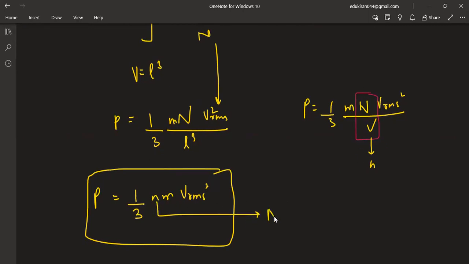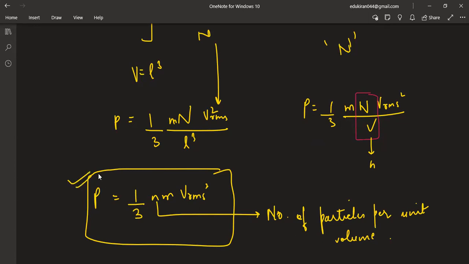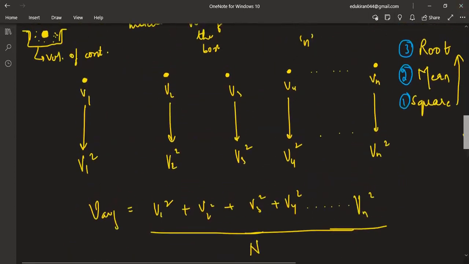This small n is the number of particles per unit volume. So be careful whether the number of particles per unit volume is mentioned or only the number of particles. If only the number of particles is mentioned, then capital N will be used, with this equation. If the number of particles per unit volume is mentioned, then use the other equation. Note down these equations.